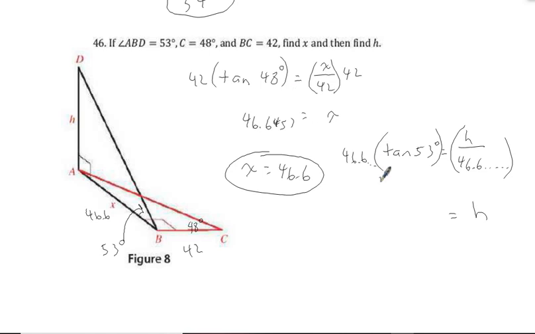And when you do that multiplication accurately, H is 61.9, rounded now to the nearest tenth to keep the same convention as what we did for side X.